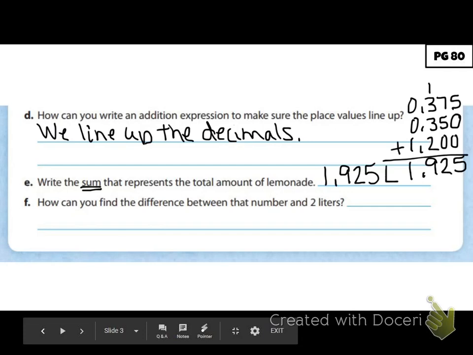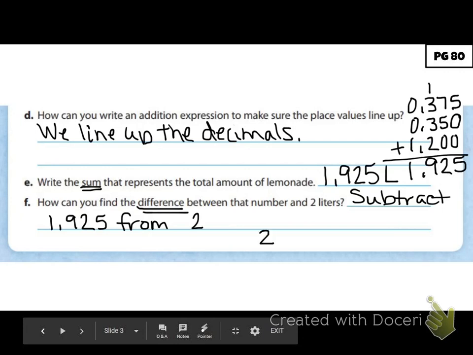F, how can you find the difference between that number and 2 liters? Well, just like what we did up above, we can subtract, because that's what difference means, the answer to a subtraction problem. We would subtract 1 and 925 thousandths from 2.